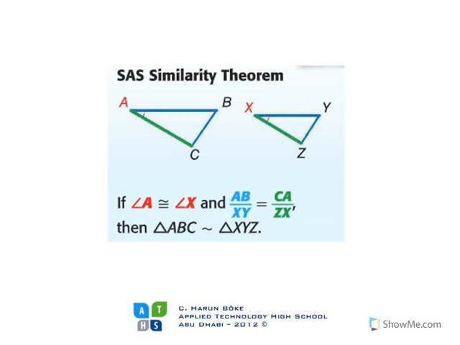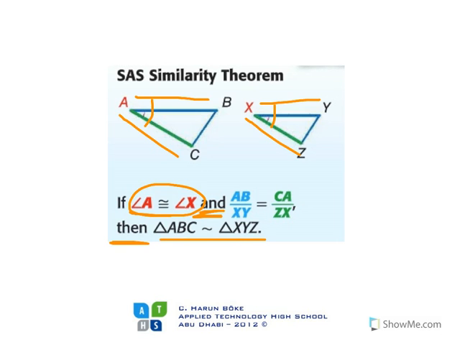You see, if A and X are congruent, we're talking about these angles, and this is very important, and the side AB over the side XY equals the side CA over the side ZX, then these two triangles ABC and XYZ are said to be similar by the SAS similarity theorem.